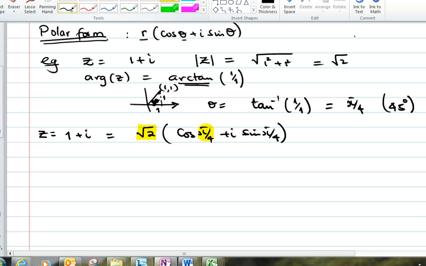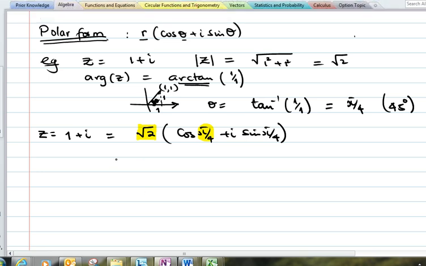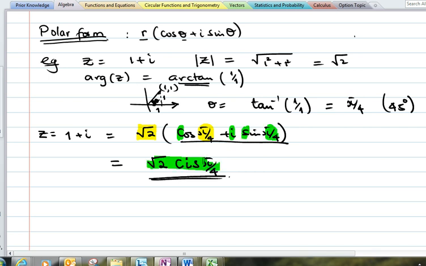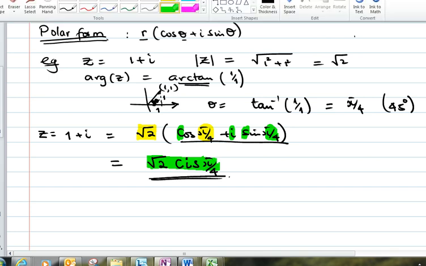Once we have established this, incidentally, this is sometimes also written as root 2 cis pi over 4. So instead of writing the whole expression cos pi over 4 plus i sine pi over 4, we tend to abbreviate that as cis pi over 4, with the modulus still written on the outside.